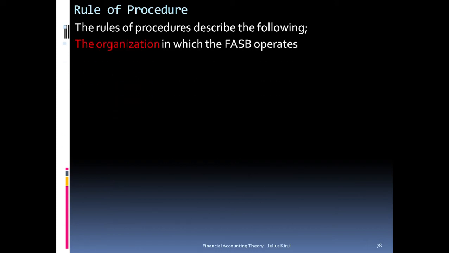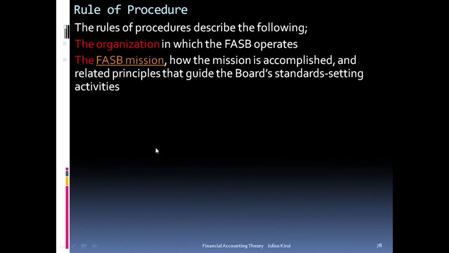Number 1, the organization in which the Financial Accounting Standard Board operates is very important. That's rule number 1. Number 2, the Financial Accounting Standard mission, how the mission is accomplished, and related principles that guide the board's standard setting activities.